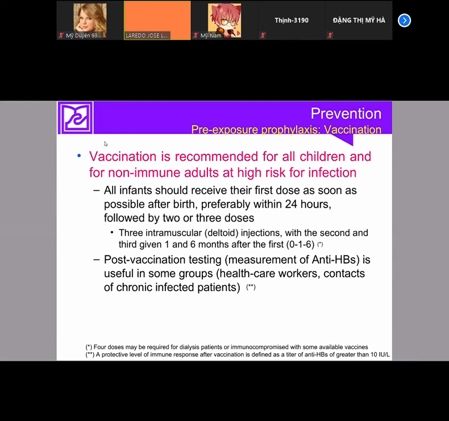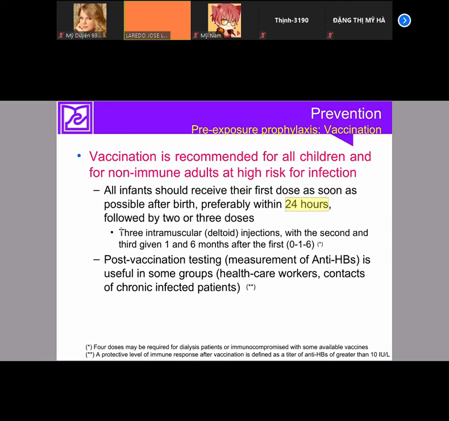We have a vaccine against hepatitis B. So pre-exposure prophylaxis against hepatitis B is made by vaccination. This vaccine is recommended for all children. All of you have been vaccinated. This vaccine is given very early after birth, in the first 24 hours of birth.